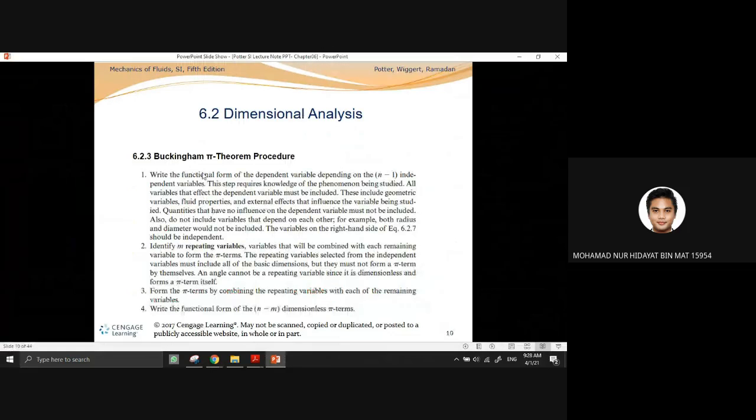Alright, this is the procedure of solving the Buckingham pi theorem. I don't want to explain this here because this is a lengthy piece of text. It is better for me to explain it in the tutorial, because in the tutorial we explain step by step. I explain to you step by step how to select the repeating variables, the rules of selecting the repeating variables, and the number of pi groups.